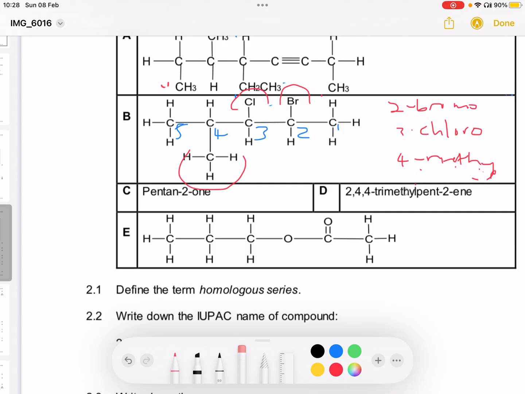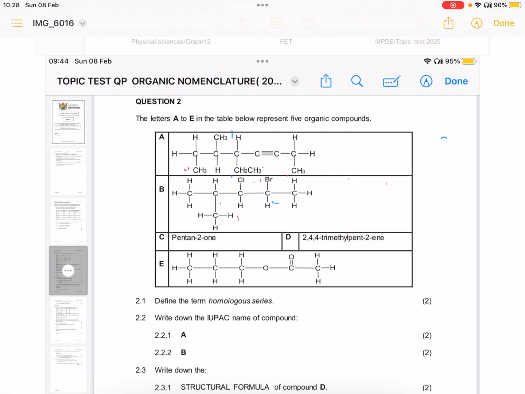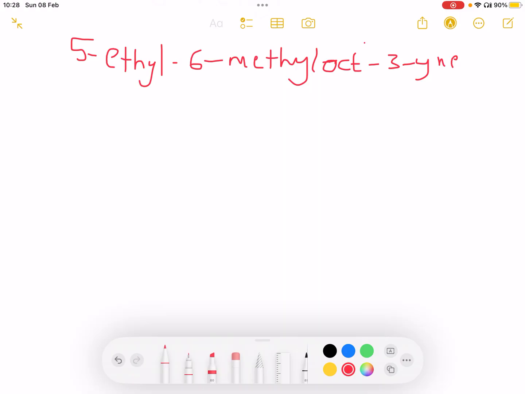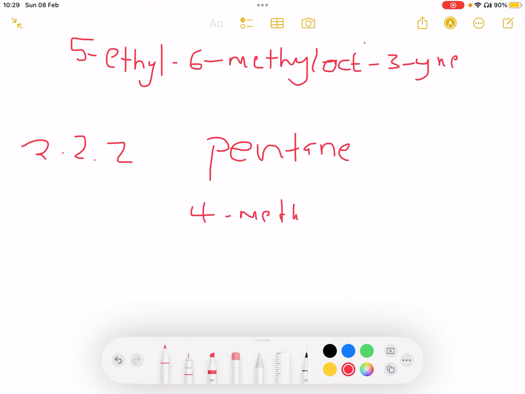To erase that, so we can give it a name. Okay, 2.2.2, we have pentane as our longest chain. We have 4-methyl, we have 2-bromo, we also have 3-chloro.